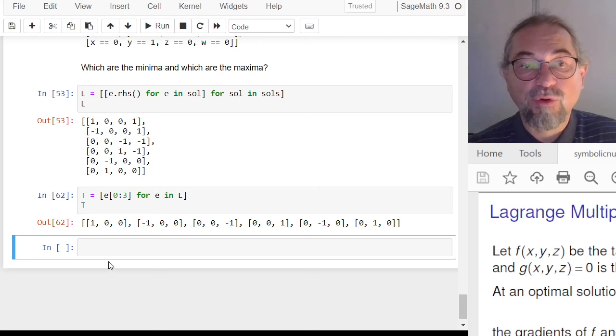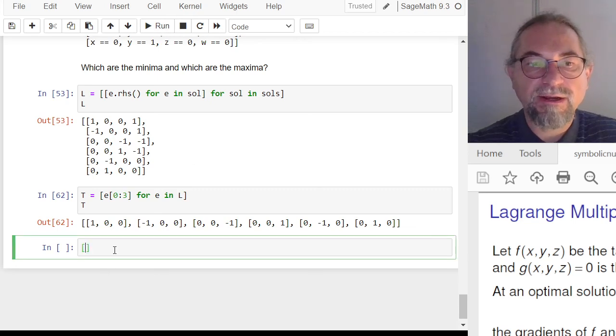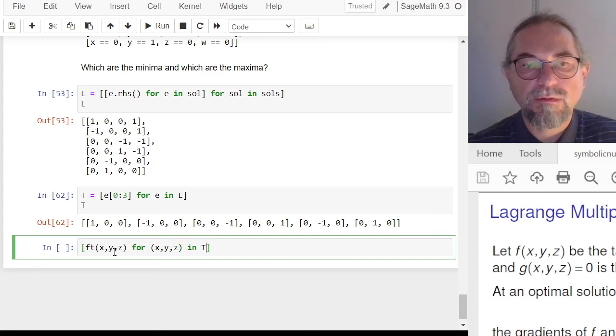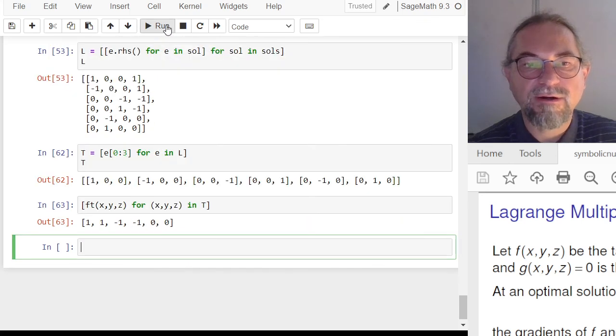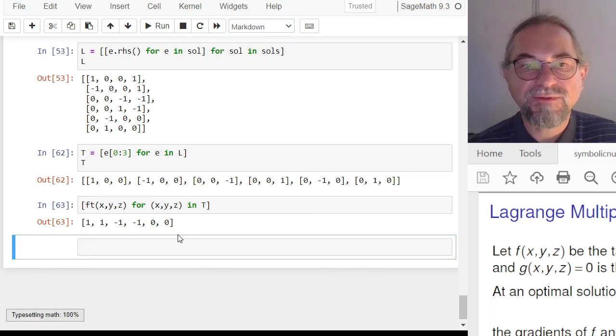So now I have the coordinates in T, and I can evaluate my function in the target at the elements of the tuple, if they are actually tuples, and they are. So you see now I'm running over time, so I'm sorry about all the struggles.